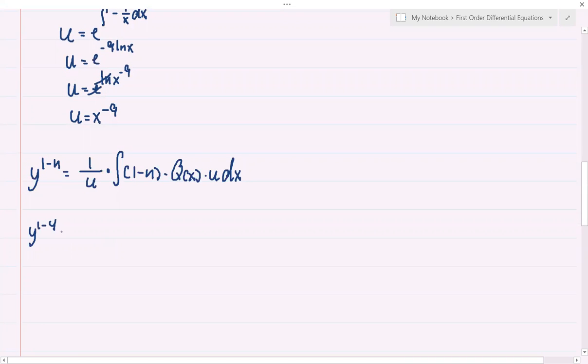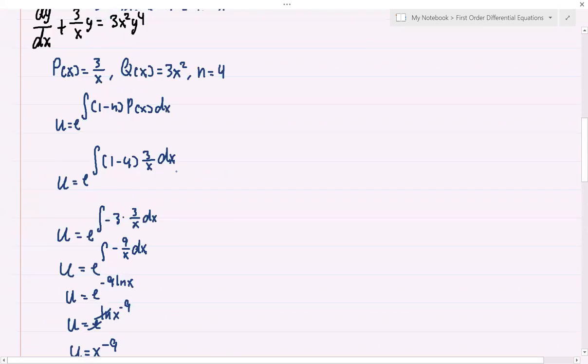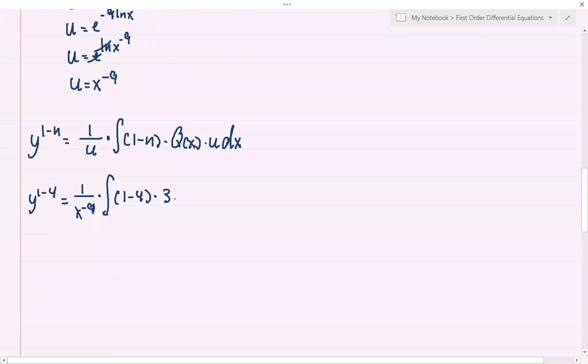So once again, 1 minus 4 on the exponent of your y. Then 1 all over your u. Your u is x raised to negative 9. Okay? Times the integral of 1 minus 4 times your Q of x. Your Q of x is 3x squared. So we will have 3 times x squared. And your u, x raised to negative 9.